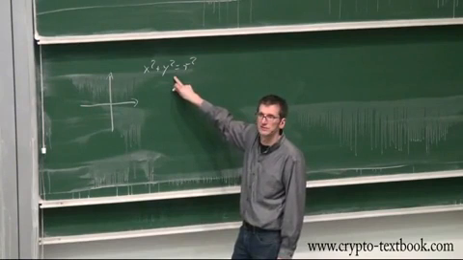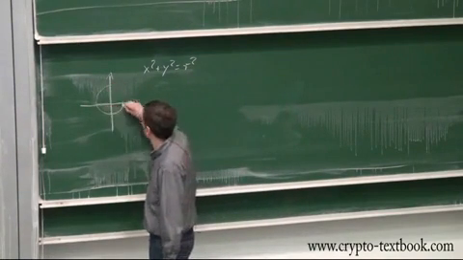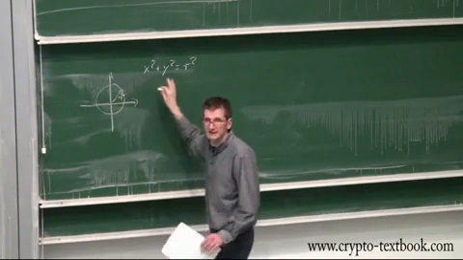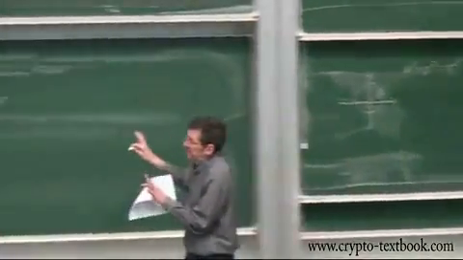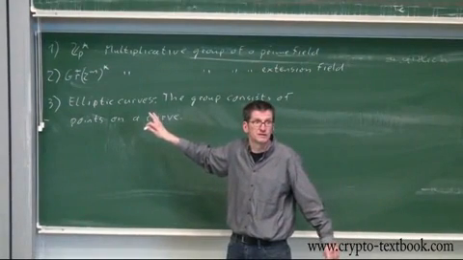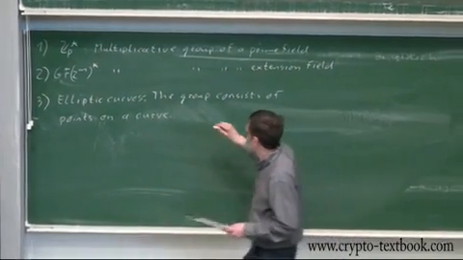Anyone know this equation here? Circle, right? Kreis. So we look at these types of equations. So it seems completely different from crypto, Diffie-Hellman. It turns out you can use similar things for building crypto systems.